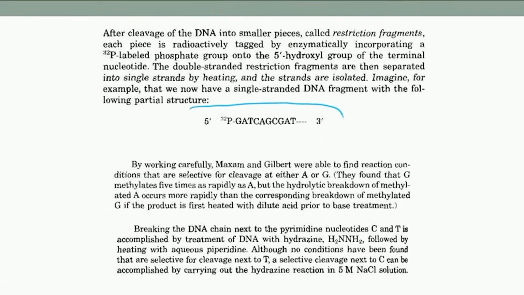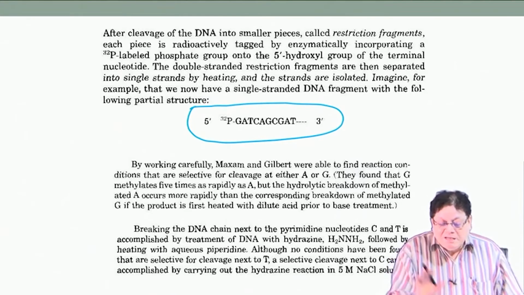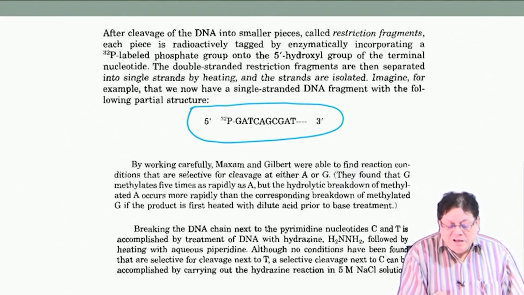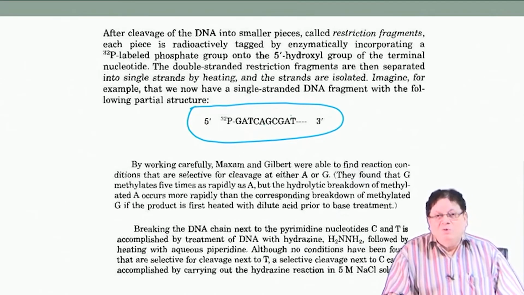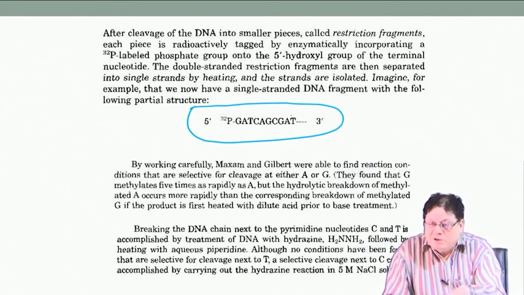Now, suppose this is my ultimate DNA strand that I will have, with a 32 phosphorus here at the 5 prime end, and suppose we take some arbitrary sequence G A T C A G C G A T. I do not know the sequence. I want to develop a method by which I know the sequence of bases here.